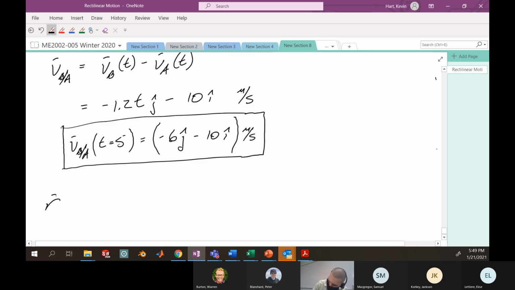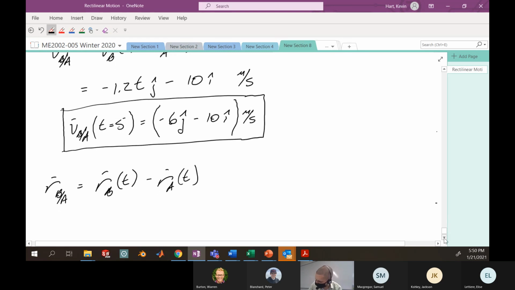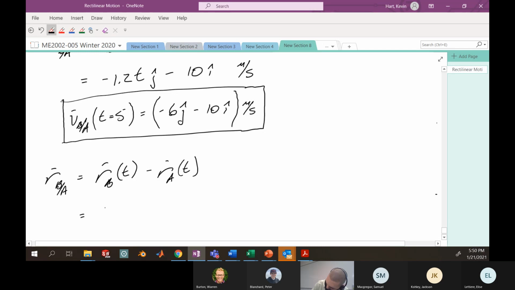And lastly, the position of B relative to A is the position of B as a function of time minus the position of A as a function of time. In general, as a function of time, this is going to be the position of B, which is negative 0.6t squared plus 35.